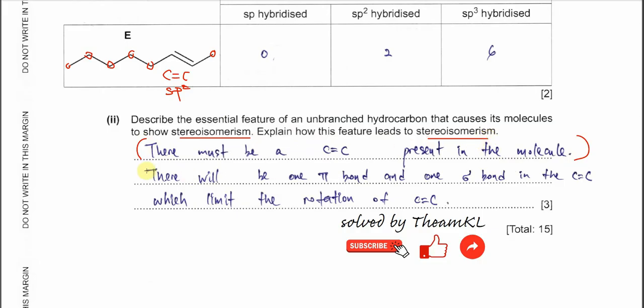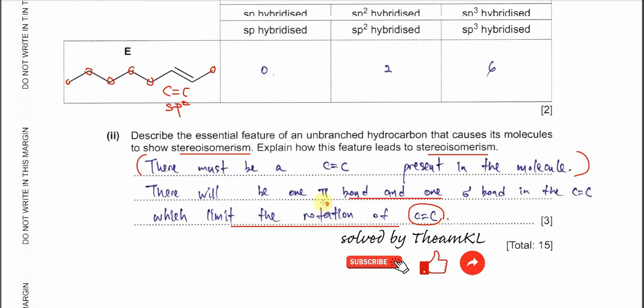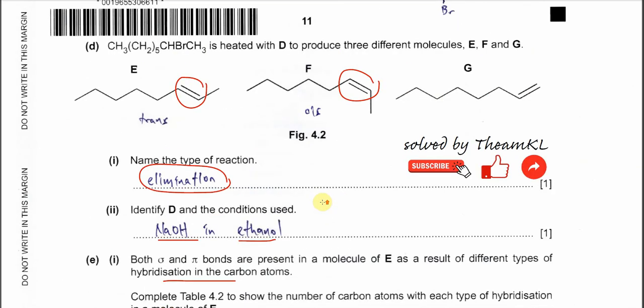So after you mention the CC double bond, there will be 1 pi bond and 1 sigma bond in the CC double bond, and this double bond will limit the rotation. Means there is no free rotation, and it will fix the positions as you can see here.